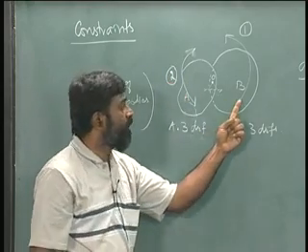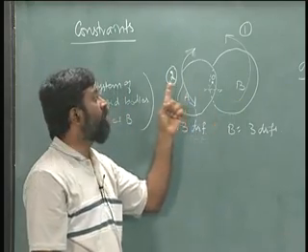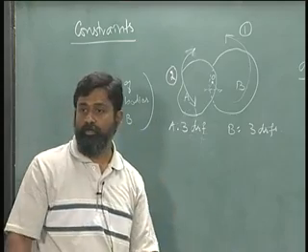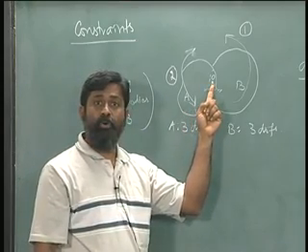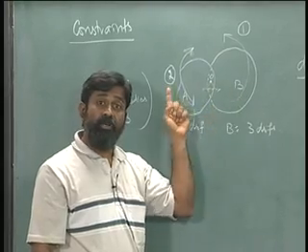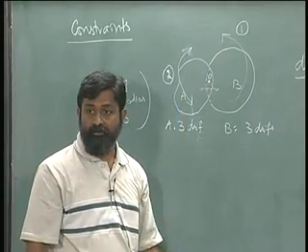So I have one independent rotation of B, one independent rotation of A possible. Mind you, I have fixed this particular point O of both the bodies to the fixed frame of reference.